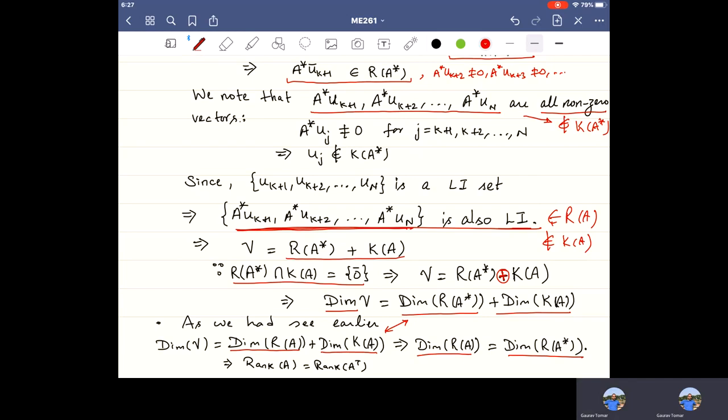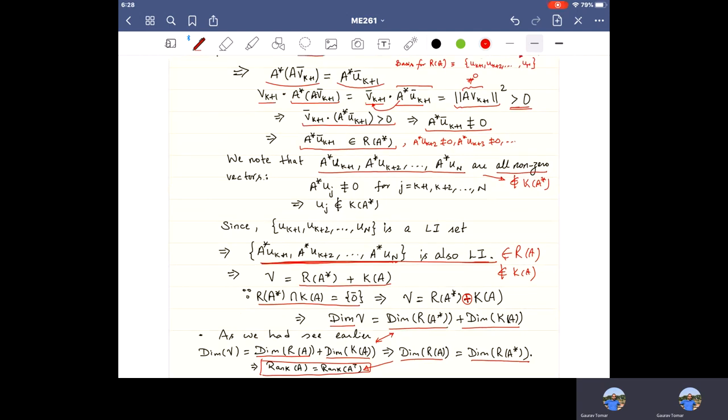And that is what you must have seen previously, not in this class, that the matrix A and A transpose have the same rank. That's the reason why they have the same rank. Okay, so we are done with the proof here.